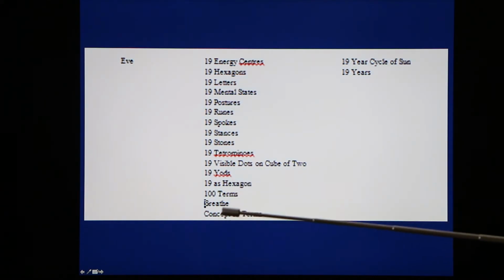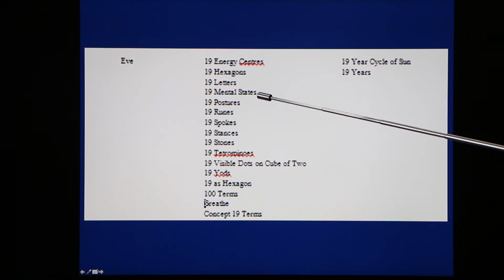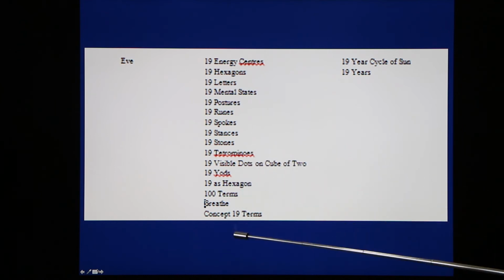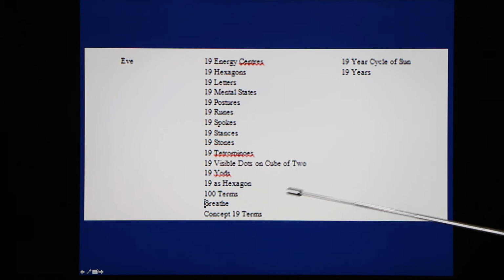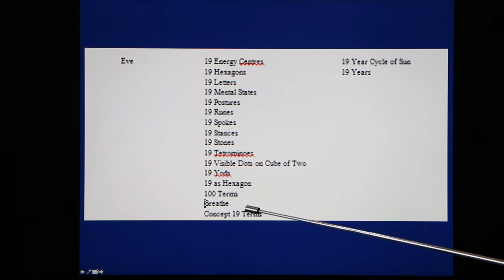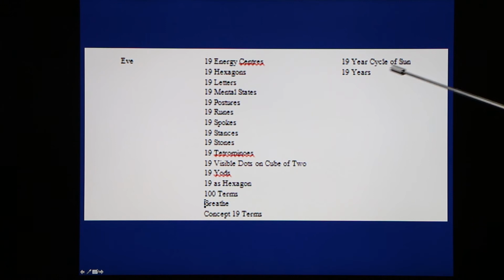The goddess Eve, the gematria for 100. Energy centers, hexagons, letters, mental states, postures, runes, spokes, stances, stones, tetromenos, visible dots on a cube of 2. Yods, 19 as a hexagon, 100 terms. Breath, 19-year cycle of the sun in 19 years.